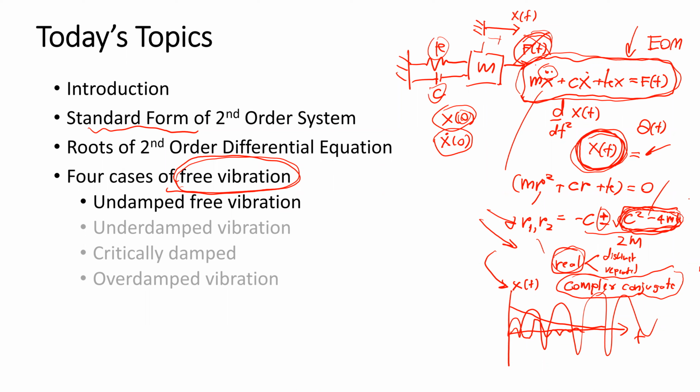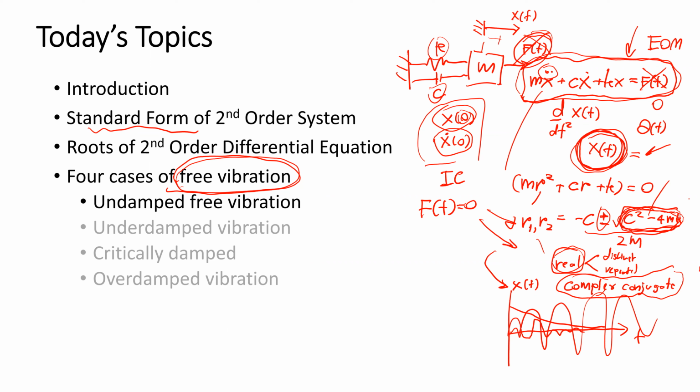We don't have an external force applied to the system. The external force becomes 0, so in this case it's free vibration. The vibration is only the effect of the initial condition, but no external force.